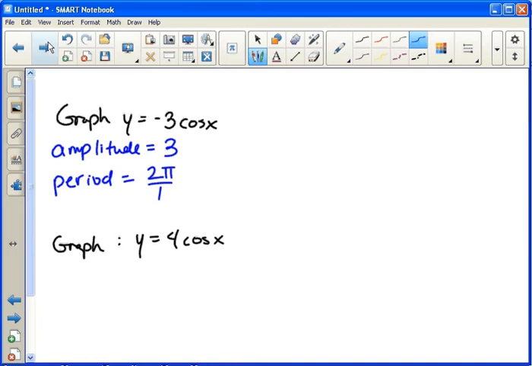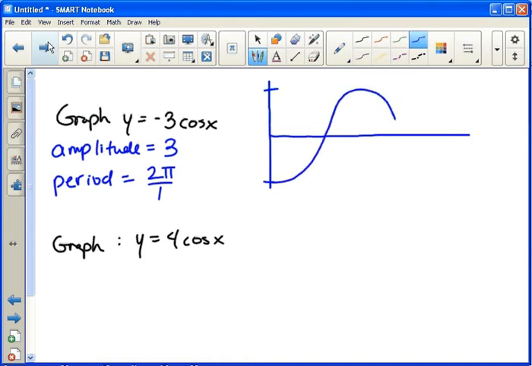So when I come over here, now I have to be careful because I have a negative. Since I have a negative, instead of starting up here, it's going to start down here. So this goes this way and peaks and then comes back to where it started. And it takes a total of 2 pi to make that happen.